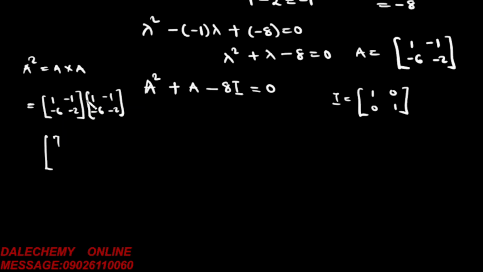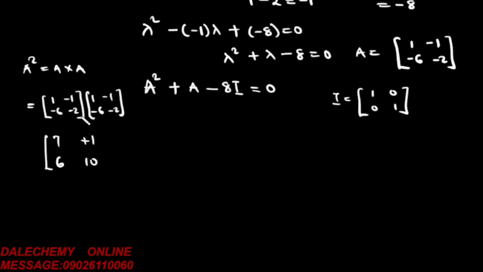So that will be minus 1 plus 2, that will be plus 1. This one will be minus 6 plus 12, so that will be plus 6, and this one will be 6 plus 4, so that will be 10.